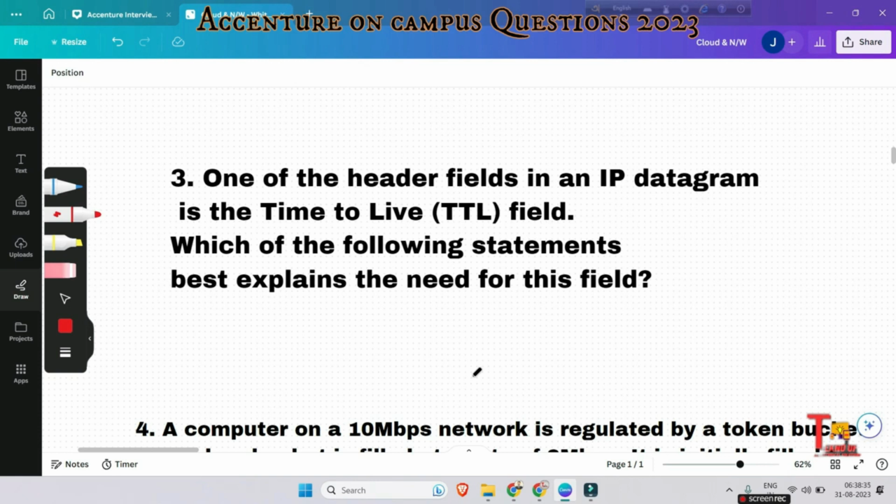Time to live, TTL, can be thought of as an upper bound on the time that an IP datagram can exist in the network. The purpose of the TTL field is to avoid a situation in which an undeliverable datagram keeps circulating. I hope you have got the answer.